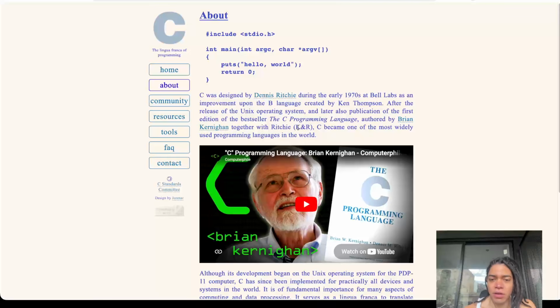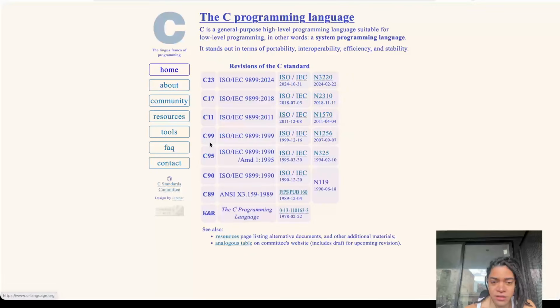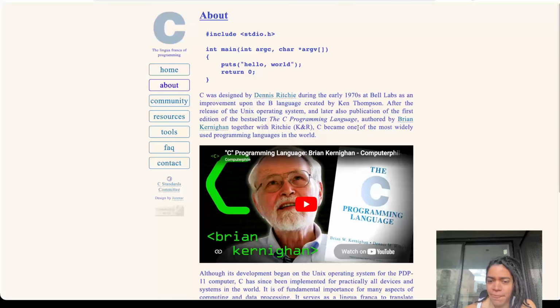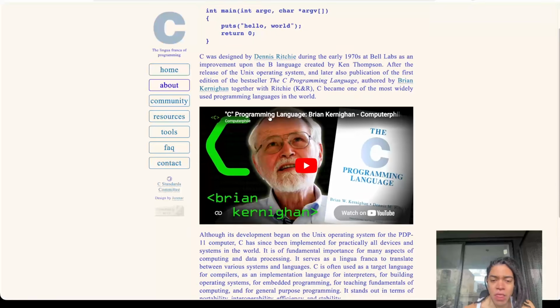So that's why they call it K and R, Kernighan and Ritchie, right? Which is the first edition, as you can see here, in 1978. C became one of the most widely used programming languages in the world.